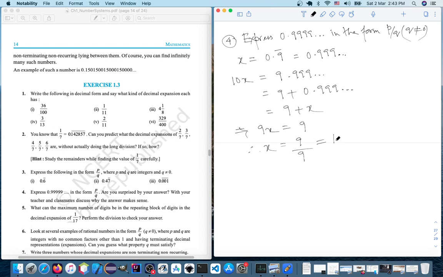Okay, so what is 5? What can the maximum number of digits be in the repeating block of digits in the decimal expansion of 1 by 17?